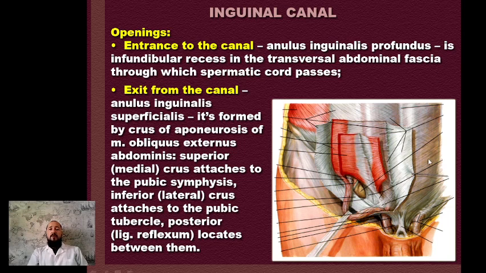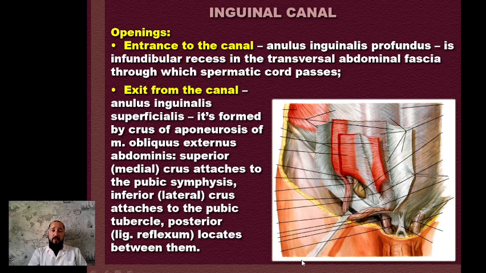If we speak about openings of this canal, there are two openings. It is the entrance to the canal that's called annulus inguinalis profundus or deep inguinal ring. It is an infundibular recess in the transversal abdominal fascia through which the spermatic cord passes into the canal. Here it is, you can see it.